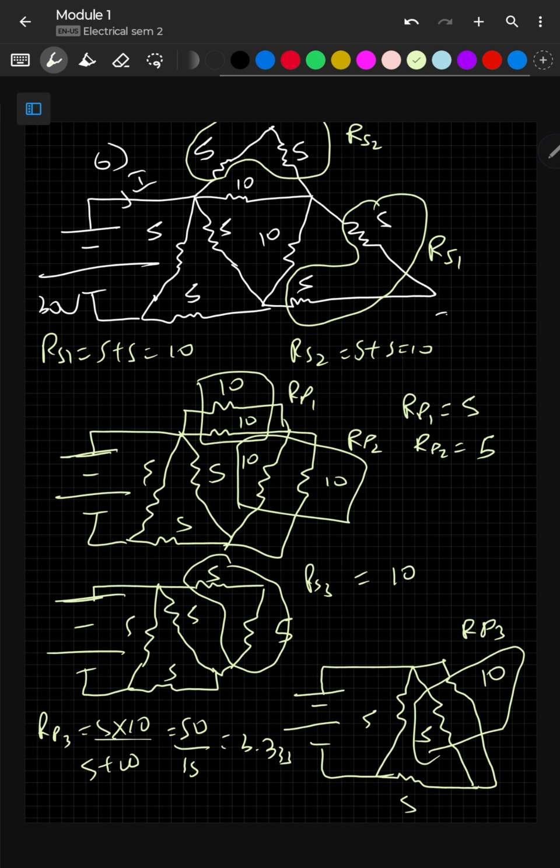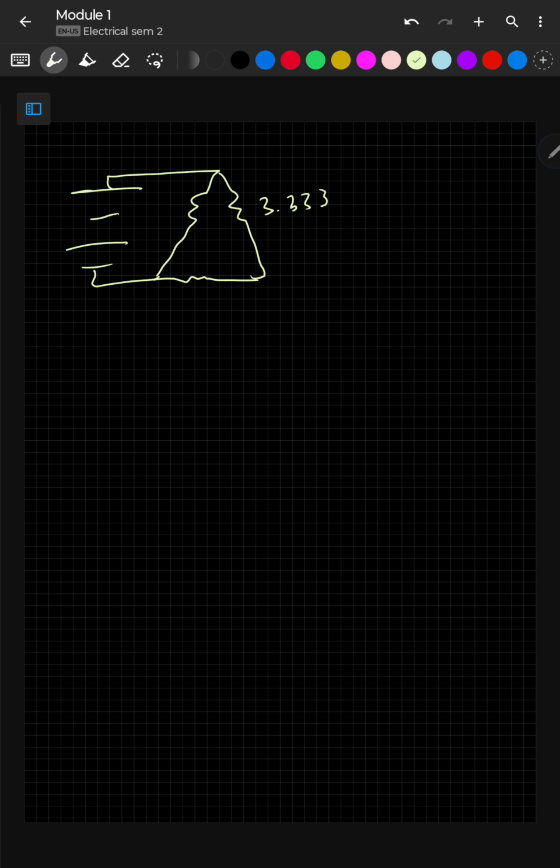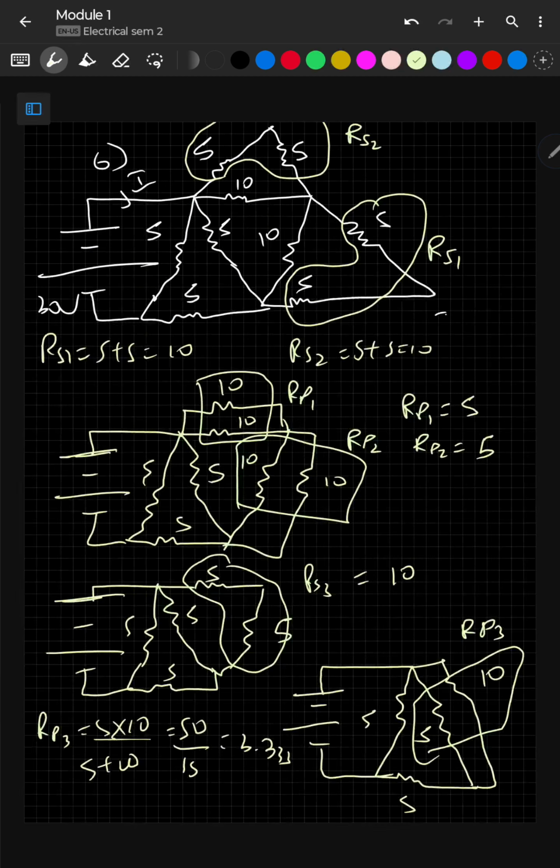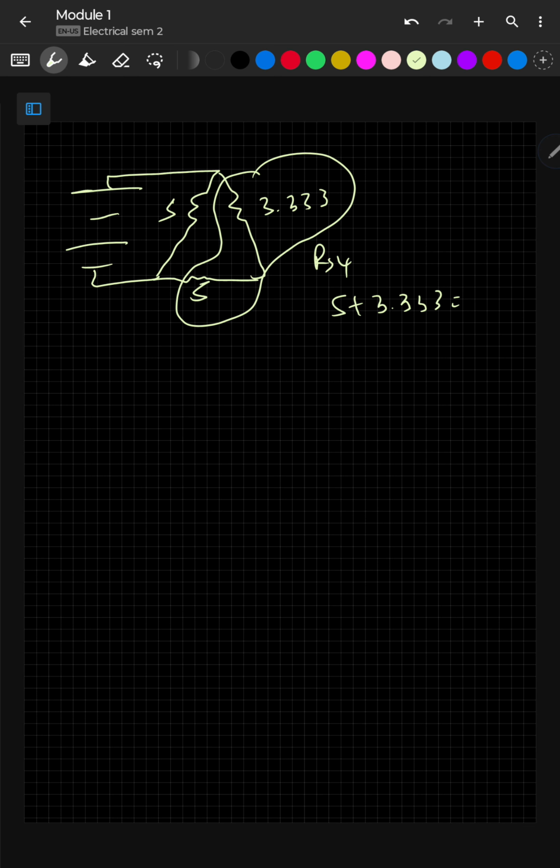This is going to be 5. This is going to be 5. Now again this will be in series. So RS4 is 5 plus 3.333, 8.333 approx. So now again redraw.